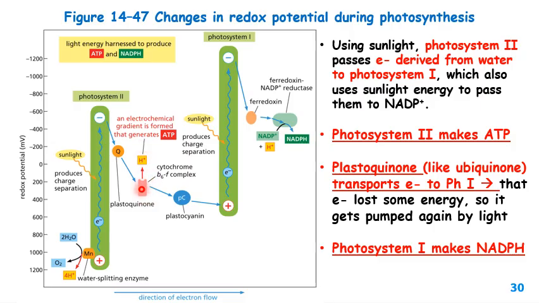Then you are going to transfer that lower energy electron to another electron carrier that is going to take this into your photosystem 1. When the electron gets to photosystem 1, it is actually at a lower energy than is useful for it to do work.